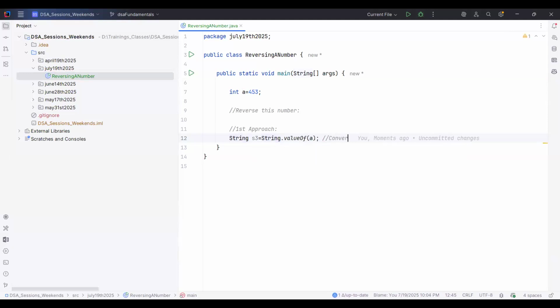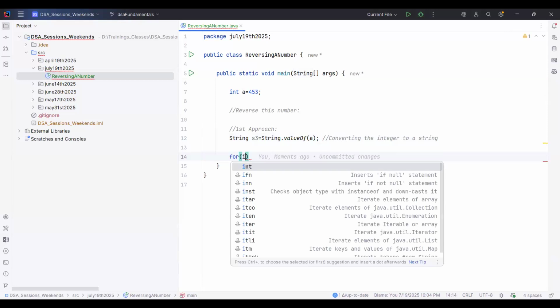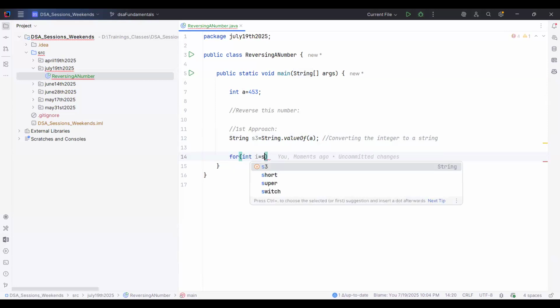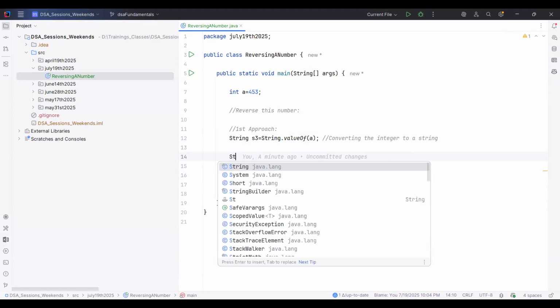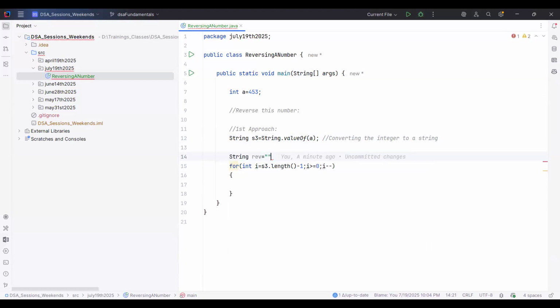So I'm converting the integer to a string. Then I will write a for loop for int i equal to s3.length minus 1, and build a string rev.